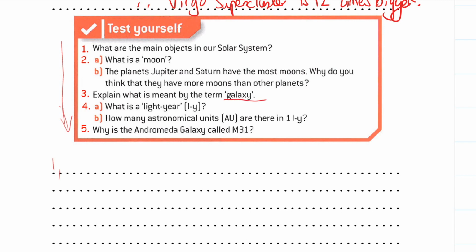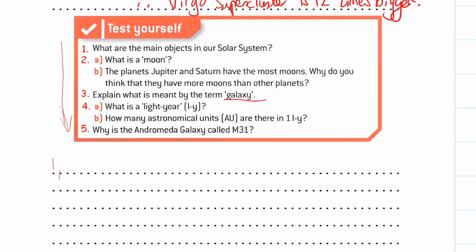What's meant by a galaxy? That's a group of stars. What's a light year? That's the distance light travels in a year. How many astronomical units are there in a light year? Get the information from the booklet and divide the number of metres in a light year by the number of metres in an astronomical unit. And why is the Andromeda galaxy called M31?